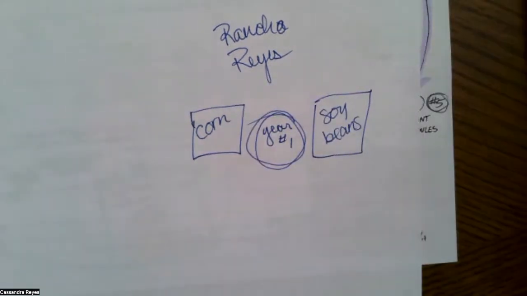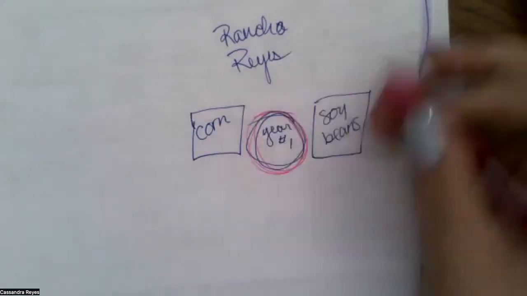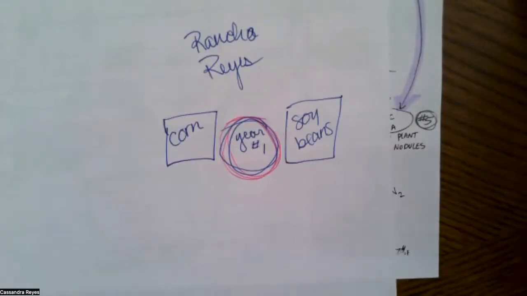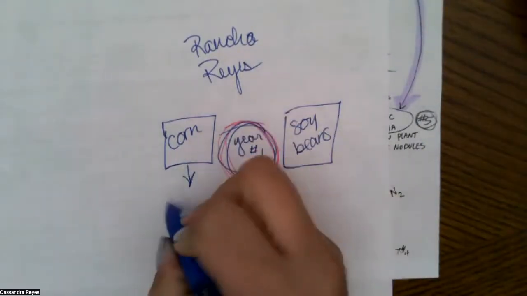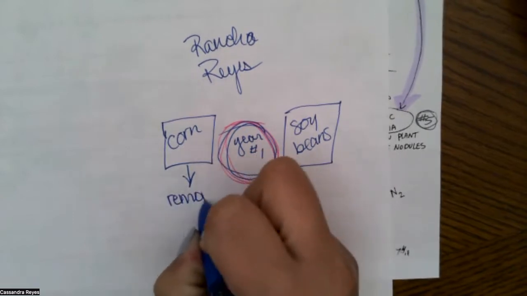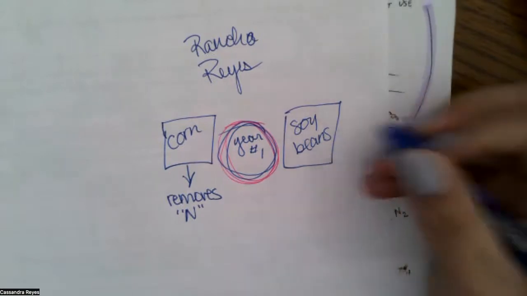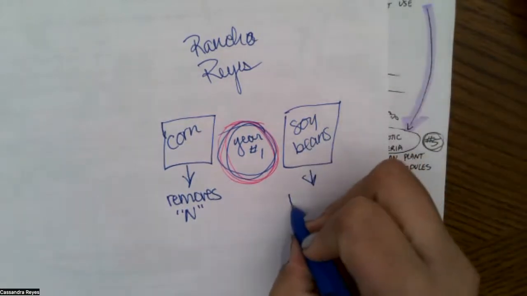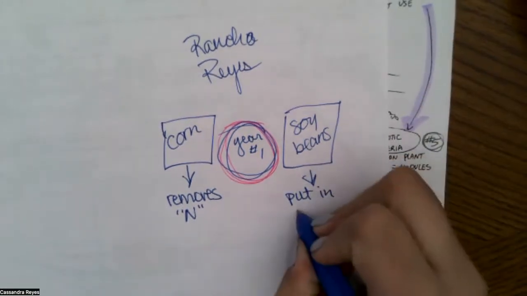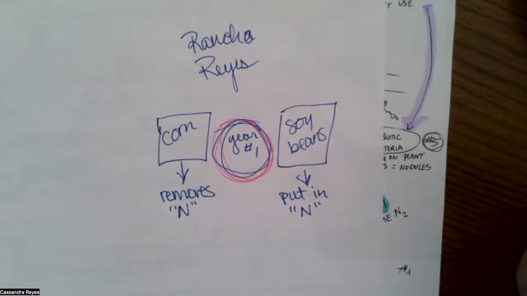In year 1, this is how I have my plants planted. Corn is going to remove N, but the soybeans are going to put in the nitrogen, okay?